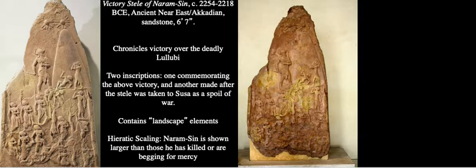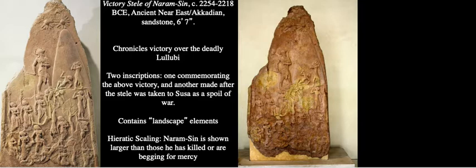Another thing that we'll talk about is something called hieratic scaling. That's kind of an important thing, so much so that I'll say it again. Hieratic scaling. Hieratic scaling is a very simple and old tool of indicating who's important in a scene merely by their size.